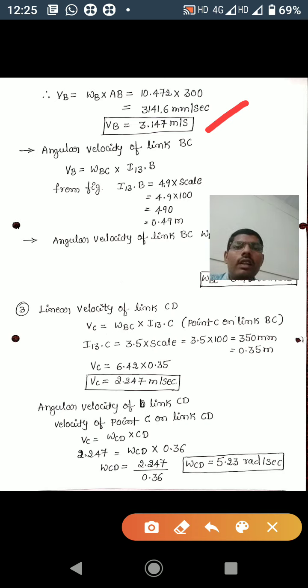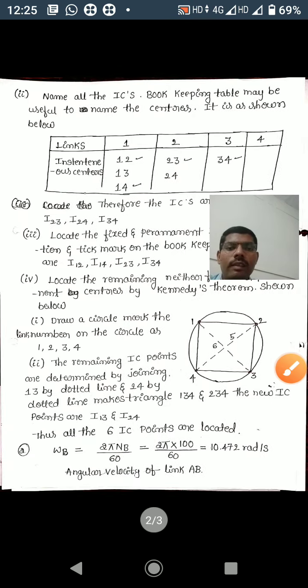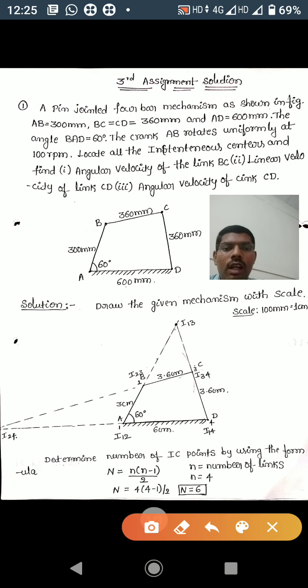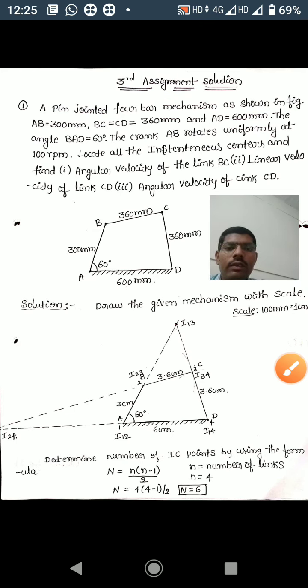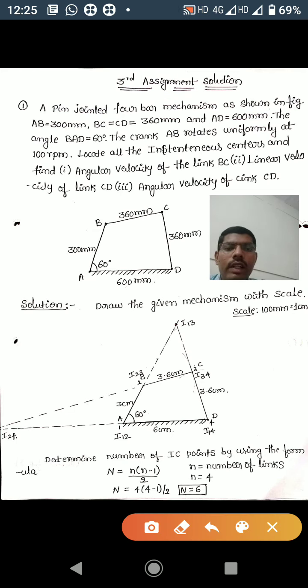So you have to consider the BC link with instantaneous center I13 and determine the angular velocity. That is the concept. For that, you have to measure I13 to B, the link length. After determining this I13 to B value, you will get nearly 4.9 centimeter.